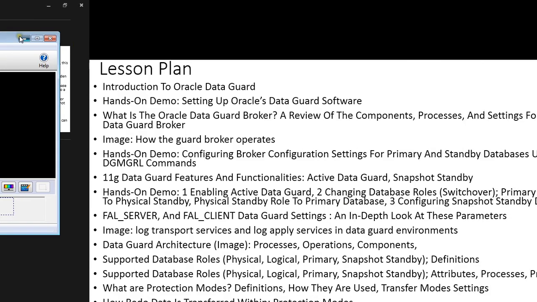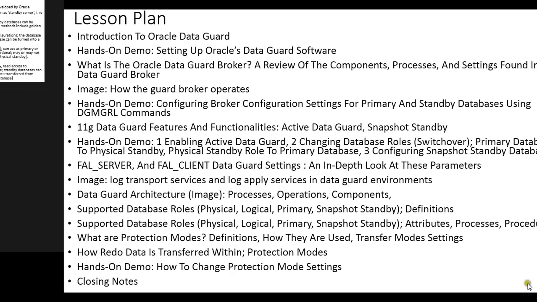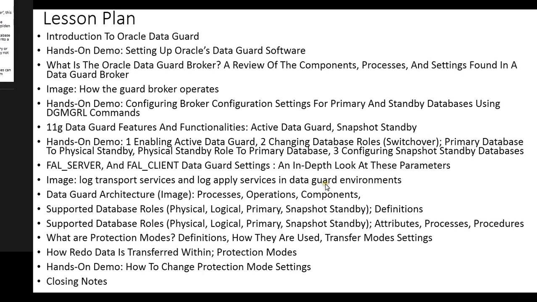So as I was saying, after explaining what the log transport services and the log apply services are, I'm going to go into the architecture for Data Guard. For each Data Guard architecture, I'm going to explain the process, the operations, and some of the components. And then I'm going to cover the database roles.